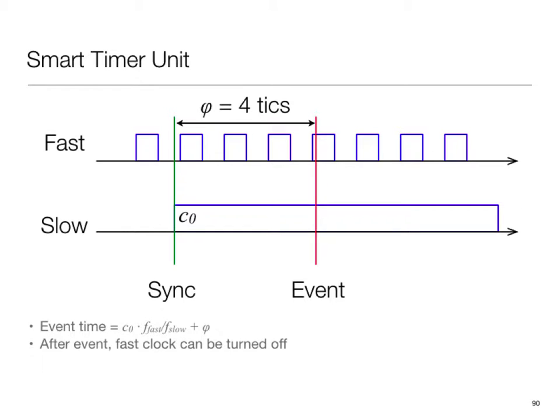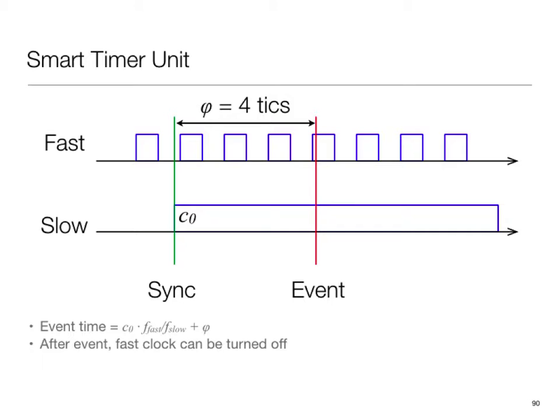This is an early example of the kind of ideas one can play with, which is if you can have in the same system a fast clock and a slow clock, and the idea is that whenever you want to sleep, you switch to the slow clock and you shut down the fast clock.